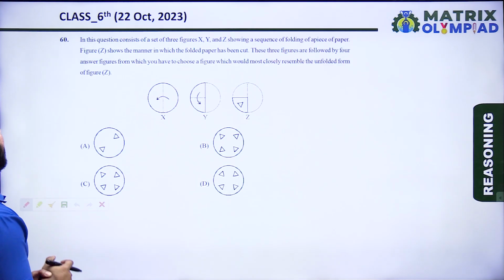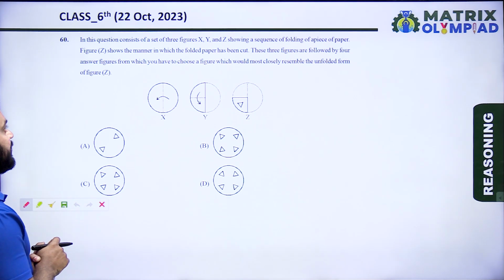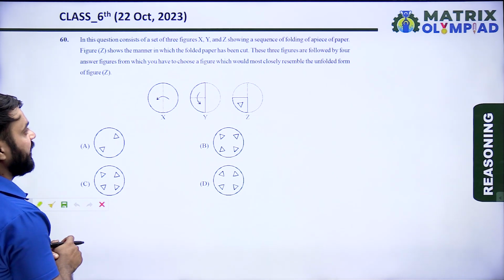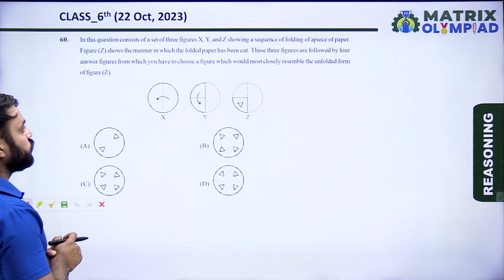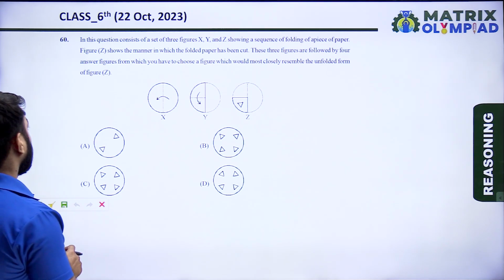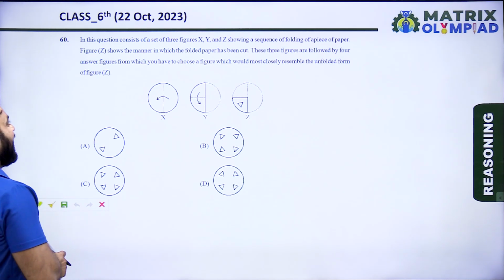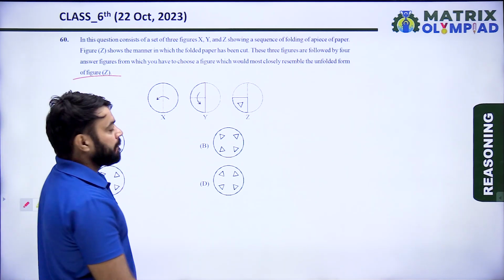Question number 60, which consists of a set of three figures X, Y and Z showing a sequence of folding of a piece of paper. Figure Z shows the manner in which the folded paper has been cut. These three figures are followed by four answer figures, from which you have to choose a figure which would most closely resemble the unfolded form of figure Z. So find the unfolded paper.